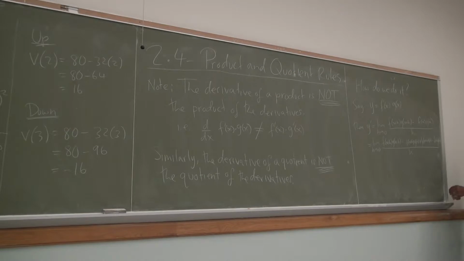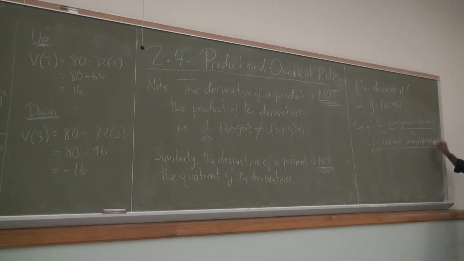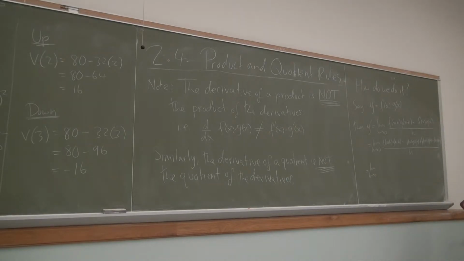But what happens is now I can split the fraction into two parts, into this and that. And what you'll notice is in the first fraction, what did you add? This, f of x plus h times g of x. I subtracted that and I added the same thing.